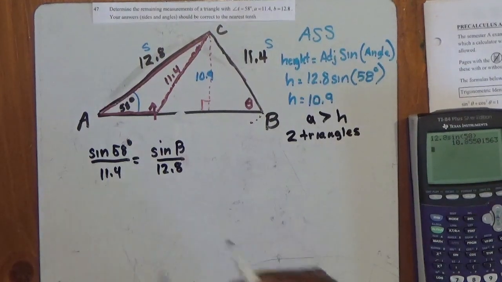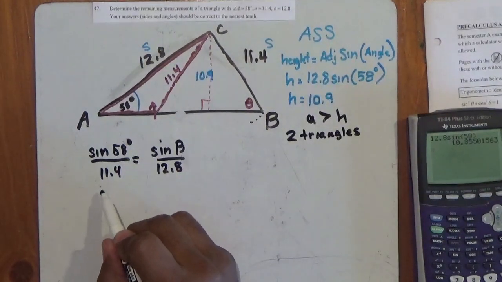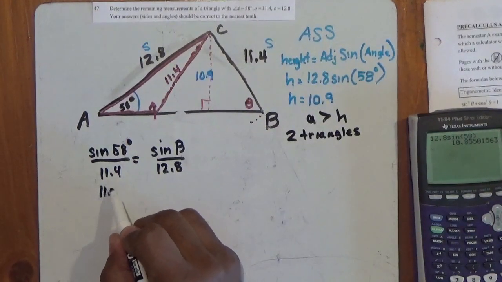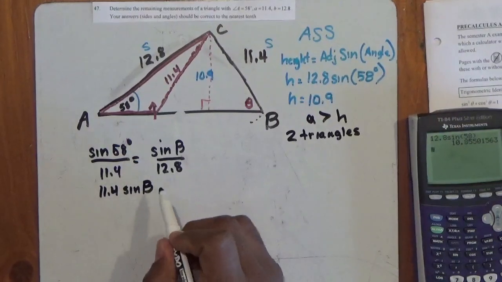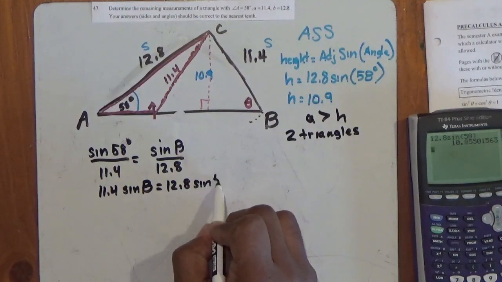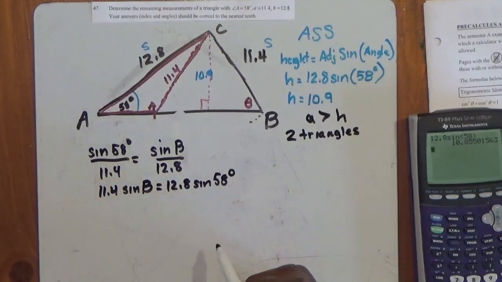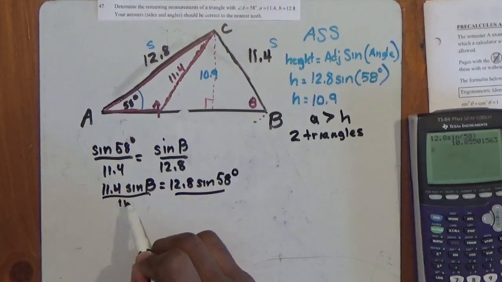If we cross multiply, that'll give us 11.4 sine B is equal to 12.8 sine 58 degrees. We'll divide both sides by 11.4.